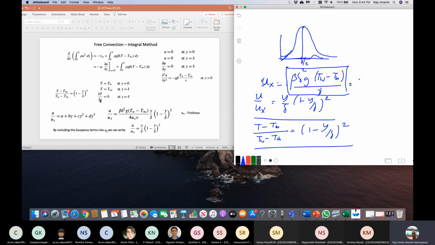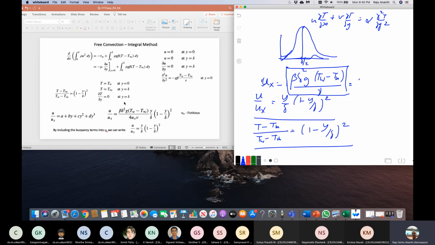And dT over dy, the temperature equation is u dT/dx plus v dT/dy equals alpha d square T over dy square. So at y equal to 0, d square T over dy square has to go to 0, which you will find is true. Okay, so not a problem. That is the reason it just gives you the square of 1 minus y over delta. So it will satisfy all the boundary conditions.